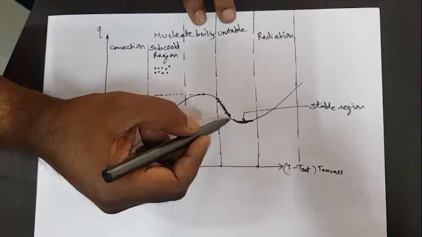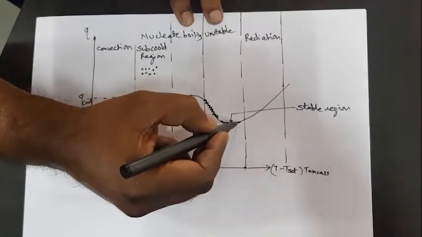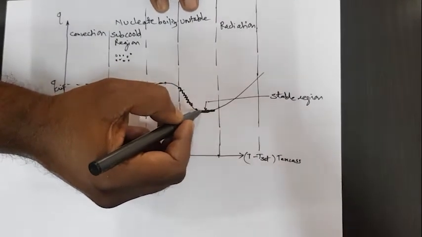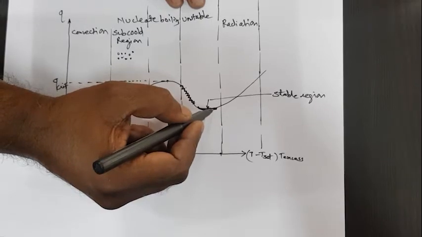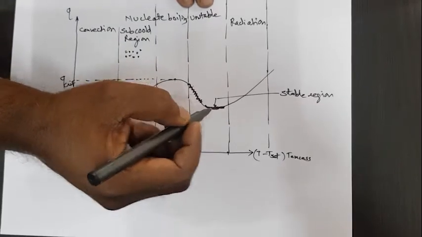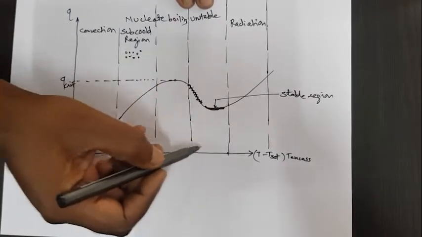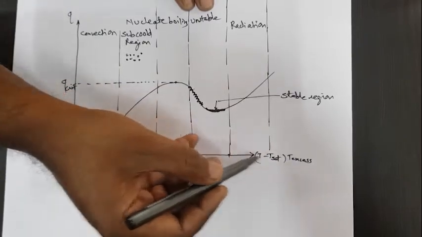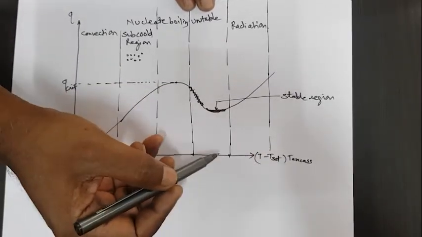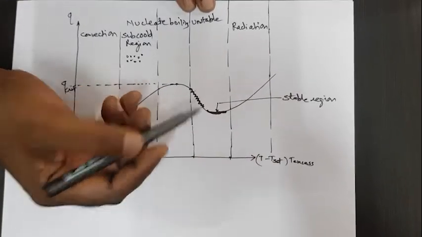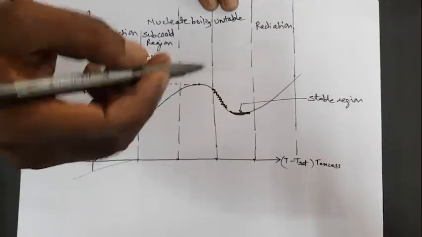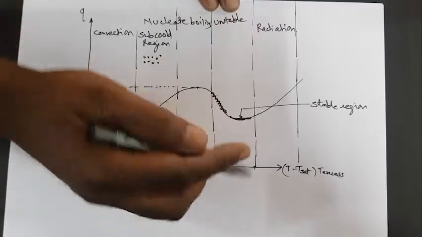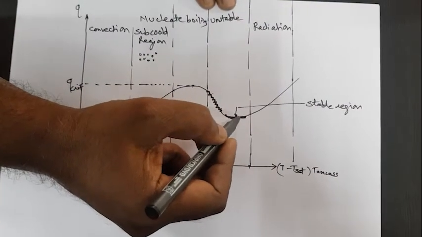Now, after this, again you have almost a straight line here, at the bottom of the unstable region. This straight line is there because, as the excess temperature goes on increasing, the number of bubbles formed at the bottom surface further increases. So a time comes when the whole bottom surface is covered by these bubbles.